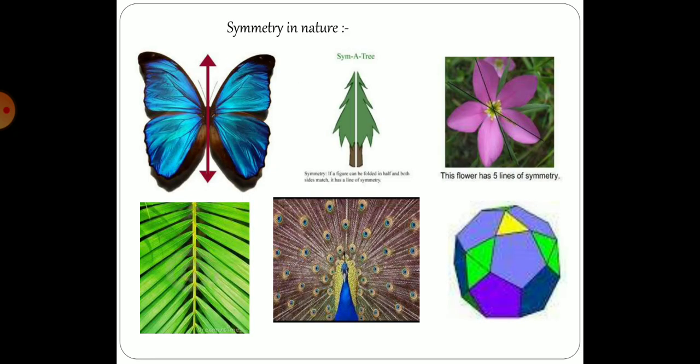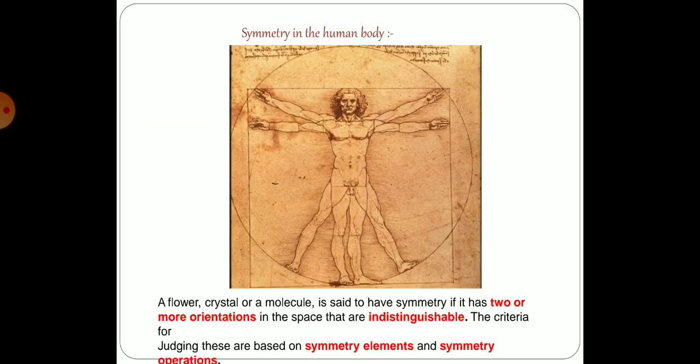Okay, you can see there is a butterfly in symmetric position, a tree, a flower, a leaf, a peacock, a fullerene. Okay, these all are symmetric in nature. And the human body is also symmetric in nature. Okay, you can see if you divide the human body into two equal parts, they are identical to each other.